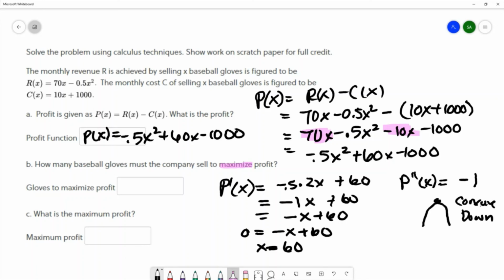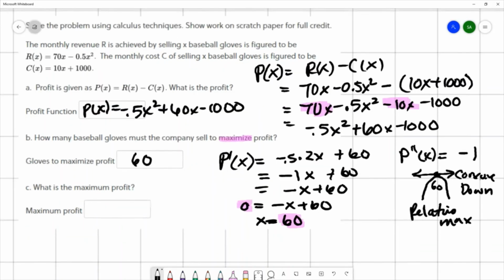And because our value of 60 is a critical number, remember the first derivative is 0, so that meant that we have a horizontal tangent line at that 60. So we have a horizontal tangent line and concave down at 60, and that means that we have a relative max. So we need to sell 60 gloves to get a maximum profit.